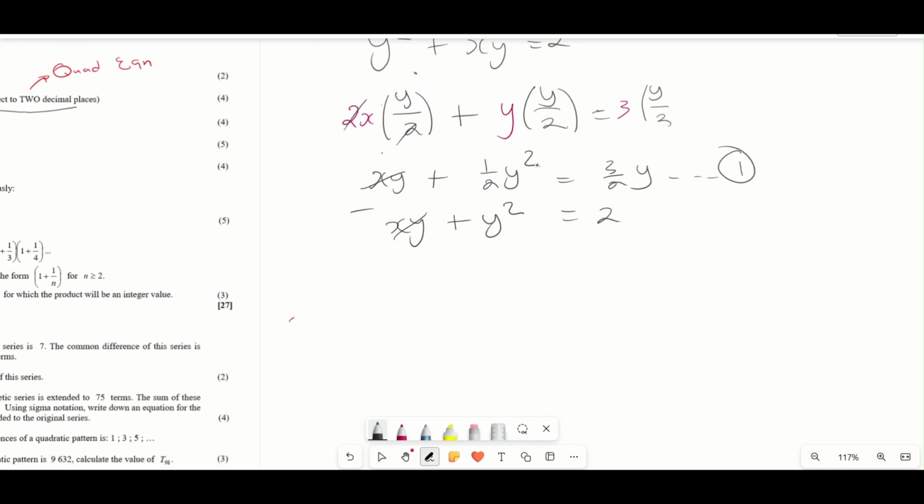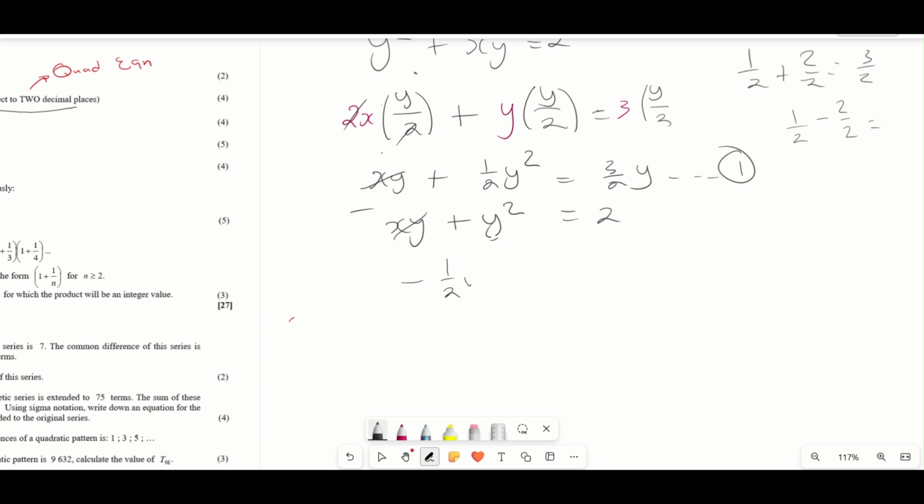Then if I add these two, a half plus 1 will give me 3 over 2, so I have 3 over 2 y squared, which is equal to 3 over 2 y plus, or actually I subtracted, my bad, so these two, so it will be a half minus 1, which will give me a negative half, right?